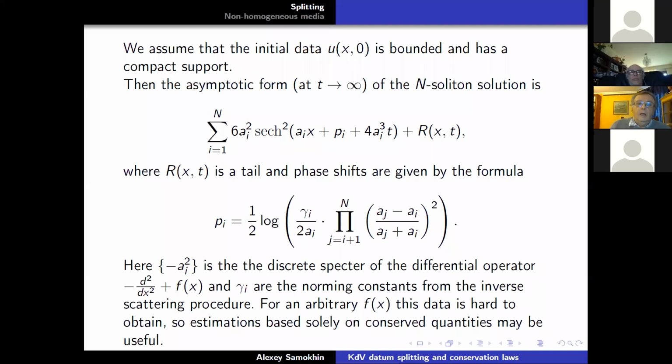It is well known that any bounded data with compact support asymptotically becomes a sum of solitons plus a reflected radiation wave.